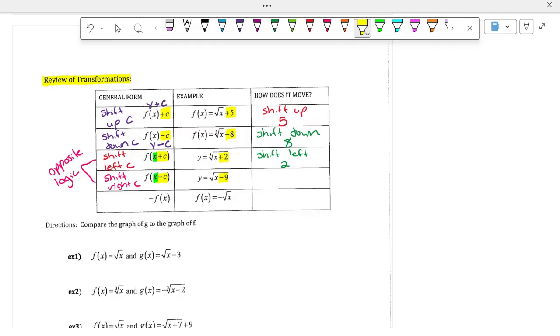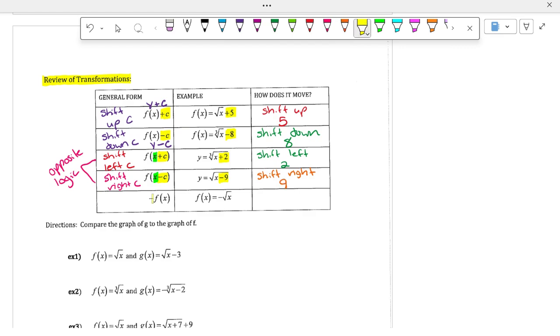Because obviously if we're subtracting from the x value, you think you'd be going to the left. If you're adding, you think you'd be going to the right, but it's the opposite. There are mathematical proofs that show the reason why, but it'll go right over your head. So just trust me when I say it's the opposite. So this one, it'll be shift right 9.